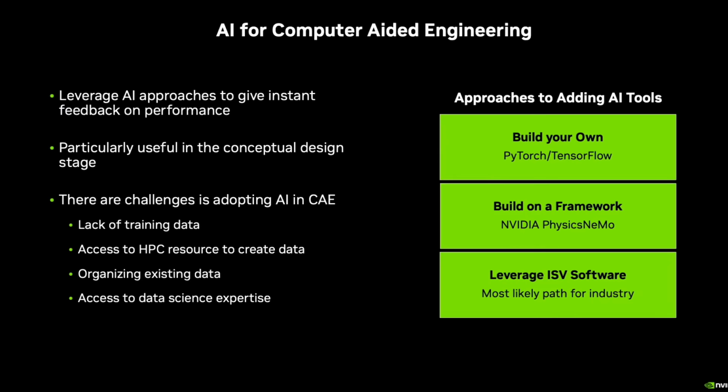For most people, that's actually going to be the best approach. Everyday CAE engineers are not going to develop their own software. They're going to work with one of our partners like Neural Concept, Physics-X, Beyond Math, companies like that, to leverage the software directly. But hopefully for a developer, it's going to be easier to build on top of PyTorch with Physics Nemo than it is to build on PyTorch alone. So that's hopefully what we're going for, just to make the developer's life easier.